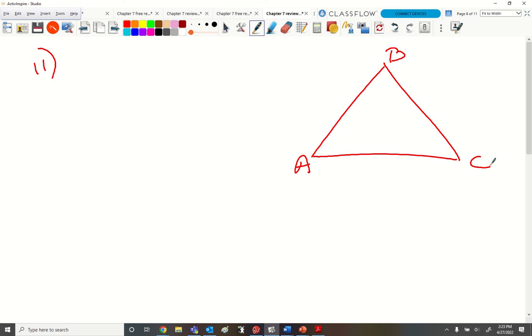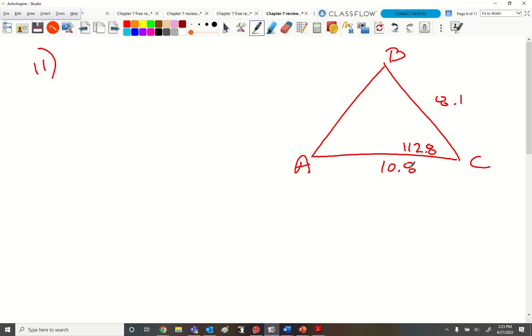11. Big C is 112.8. Little a is... Little b is 10.8. Now, what law do I have to use? It's a side angle side, right? What law is that?